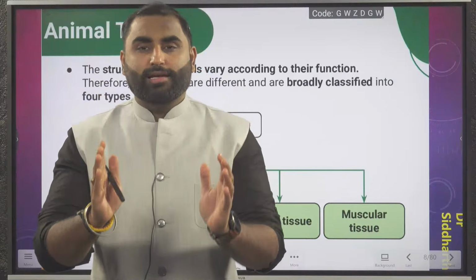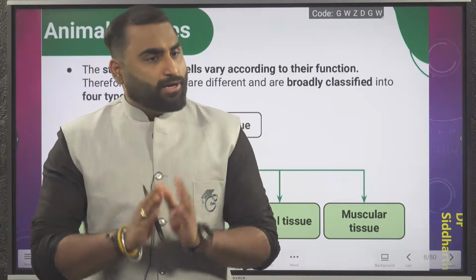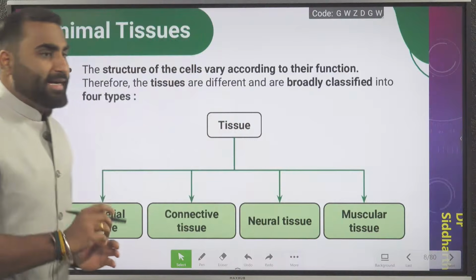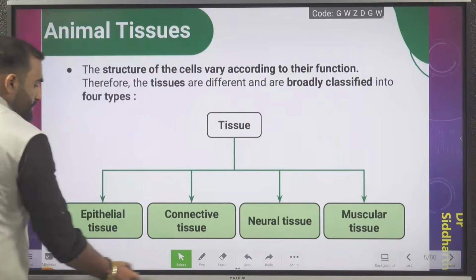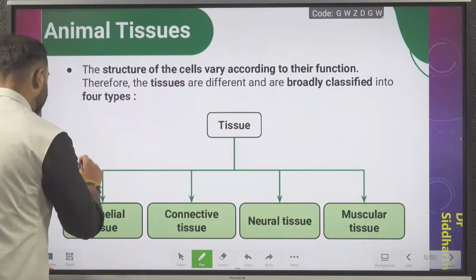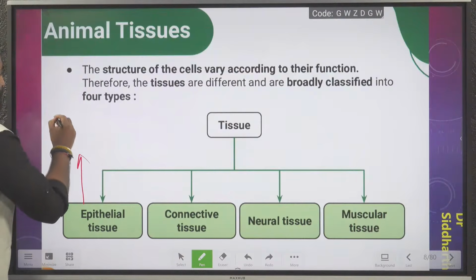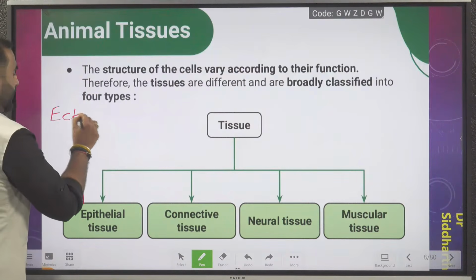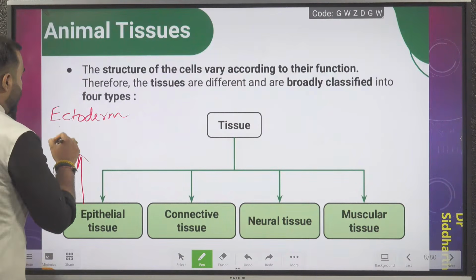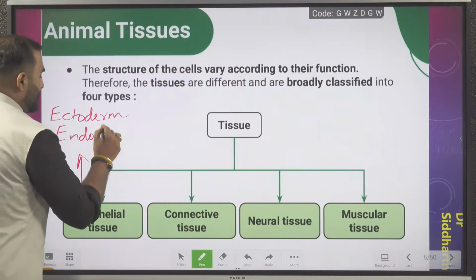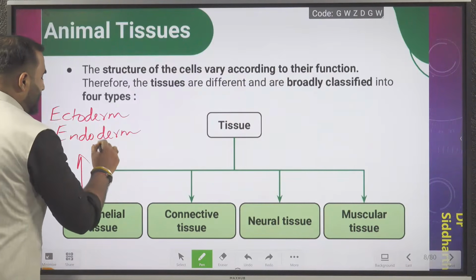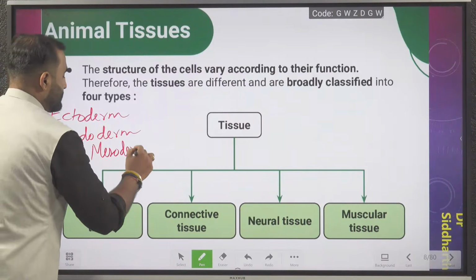Yes, all the 3 germ layers are responsible. So I will write here that epithelial tissue is derived from ectoderm, endoderm, and also mesoderm.